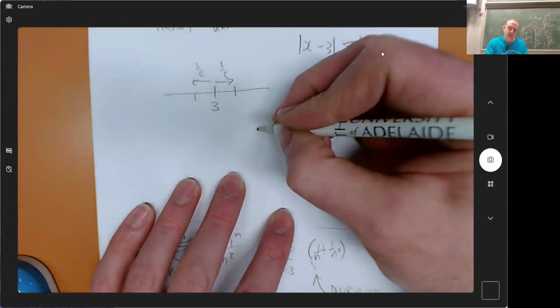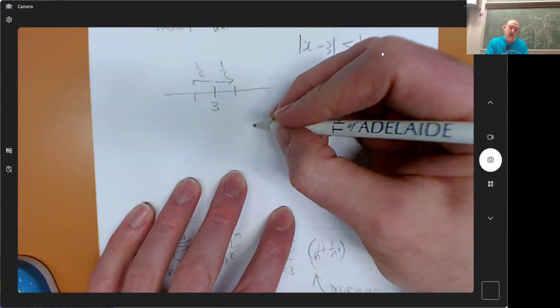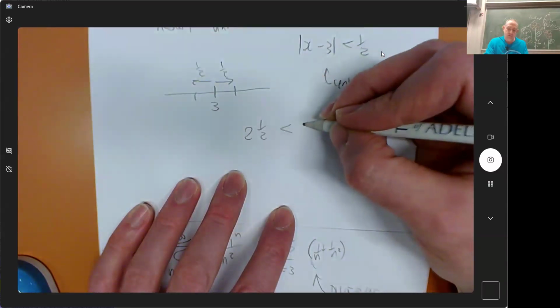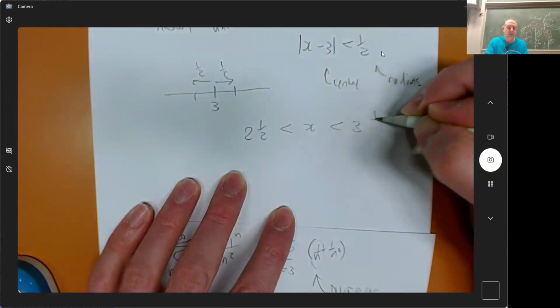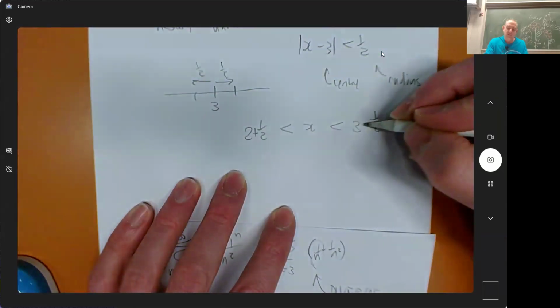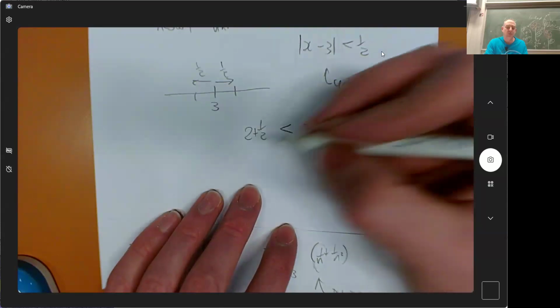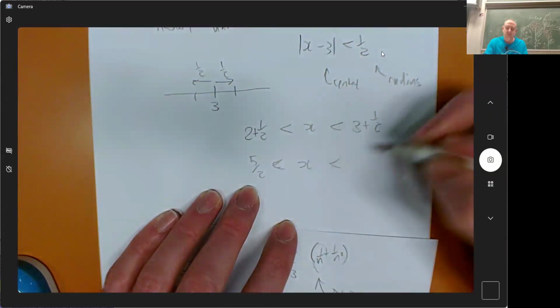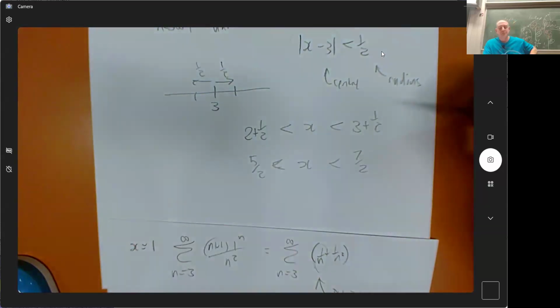And so we would have ended up with x between 2.5 and 3.5. Those mathematicians don't like mixed numbers, so they probably prefer 5 halves and 7 halves, whatever.